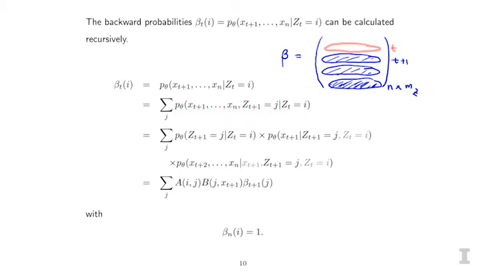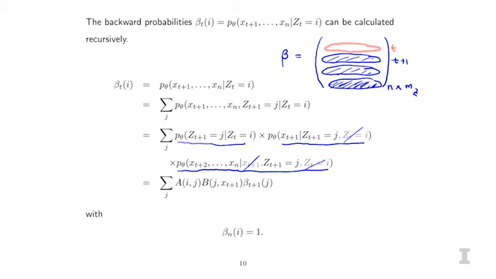First is z_{t+1} conditioned on z_t, and then x_{t+1} conditioned on all the previous variables, but you're going to find out z_t is irrelevant now. And then all the future observations starting from t plus 2, conditioned on all the previous ones, and you're going to find out they're irrelevant to those things. So beta_t is equal to a summation of a product of three terms.